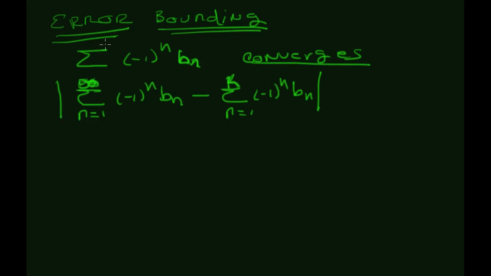What's really neat is that if it's an alternating series, and this only works with alternating series that converge, the difference between these two things is less than or equal to the next term in the series. So if I add up the first k terms, the difference between that and the infinite sum is going to be less than or equal to the k plus first term.